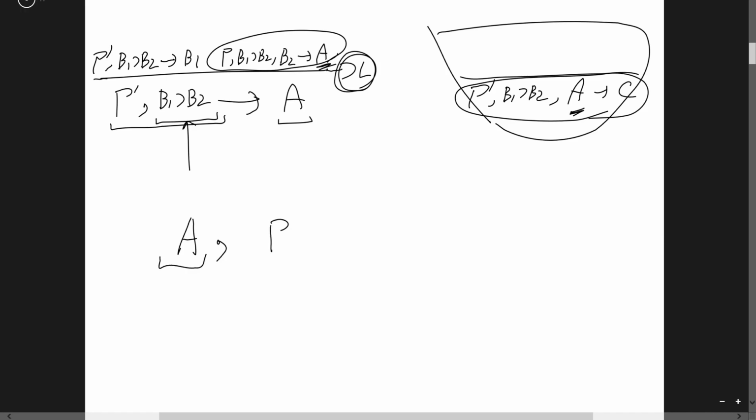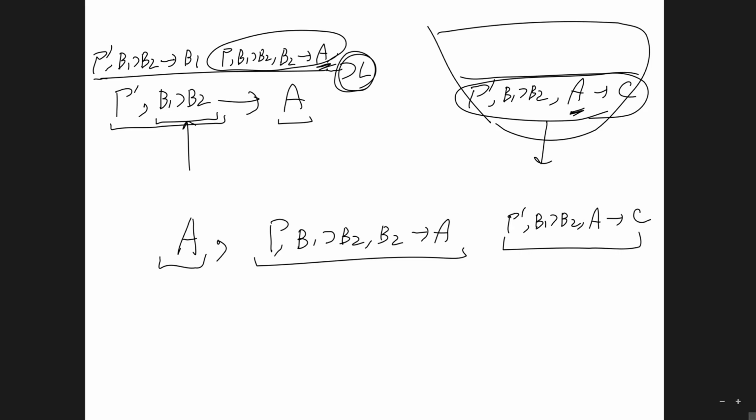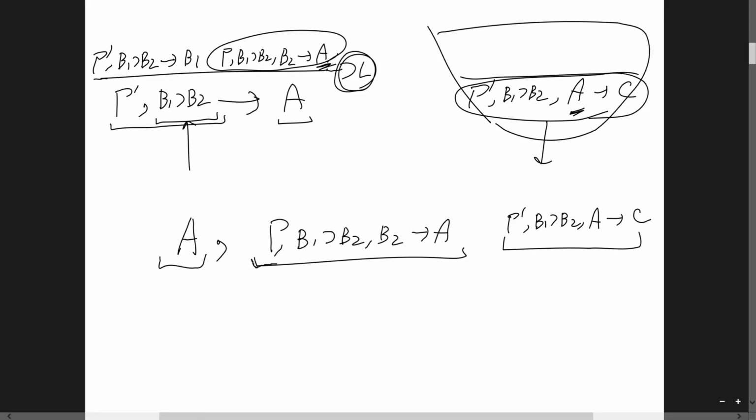And the first sequent is gamma, B1 implies B2, B2, A. This is the first sequent. And the second sequent is this one, gamma prime, B1 implies B2, A arrow C. But the problem here is the same problem: the left side of this sequent doesn't match the left side of this sequent.